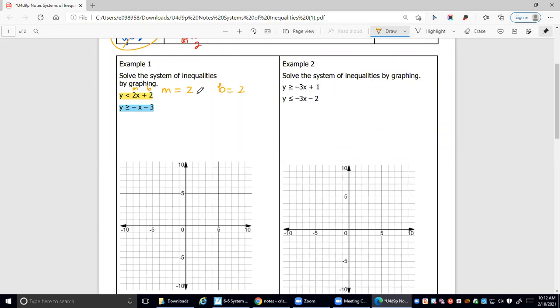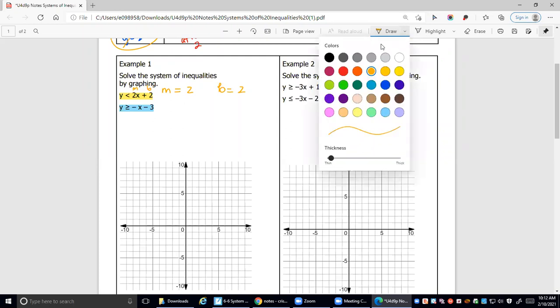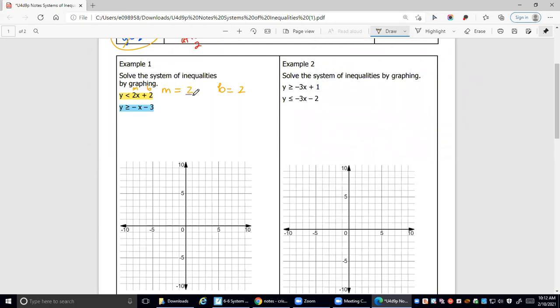So anytime I have a whole number, what am I going to put it over? Very good. 1. And this is going to tell me what direction. First I go up, it's positive, good.